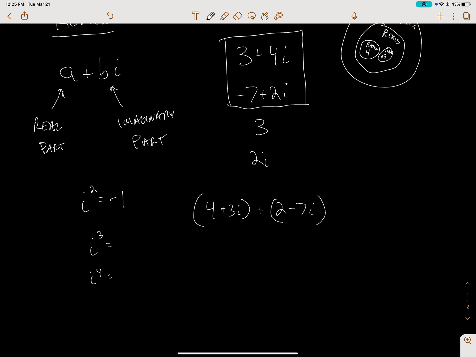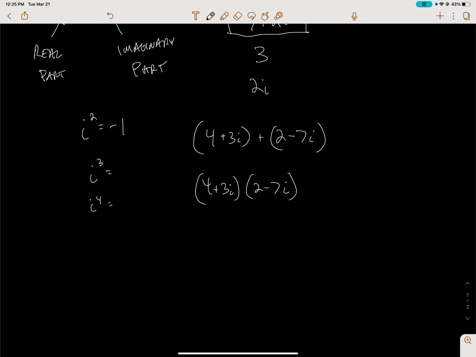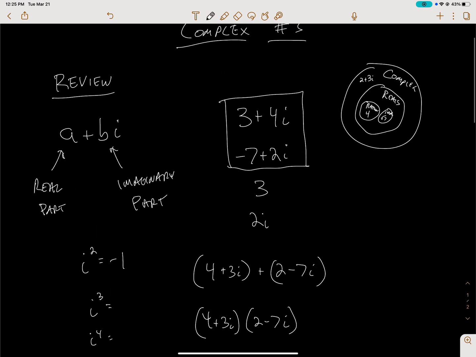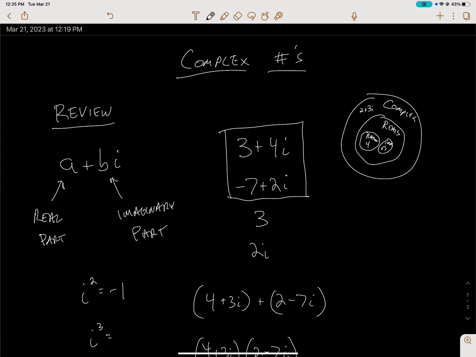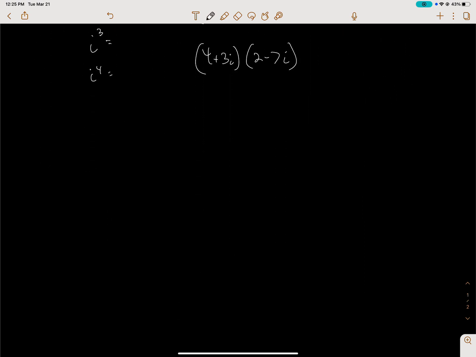You would work with that. What if I had 4 plus 3i, this complex number, and I want to multiply it by 2 minus 7i, right? Those are some of the things that you worked on doing. We're going to try to give a complex number some meaning mathematically, like another intuitive meaning, and a visual representation as well, like graphically what's going on. So I'm just going to introduce that to you here today.